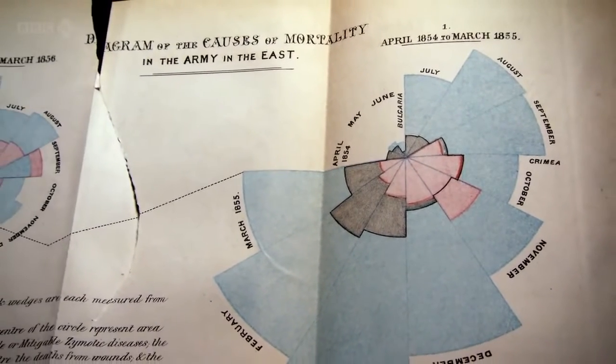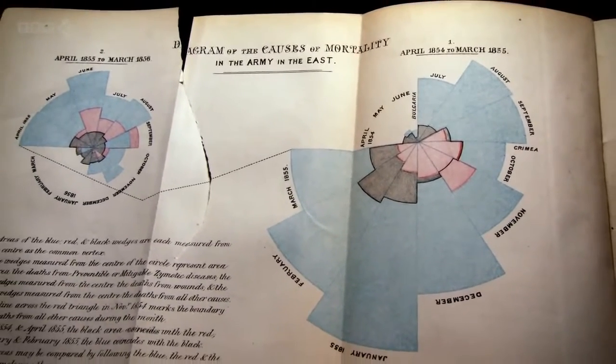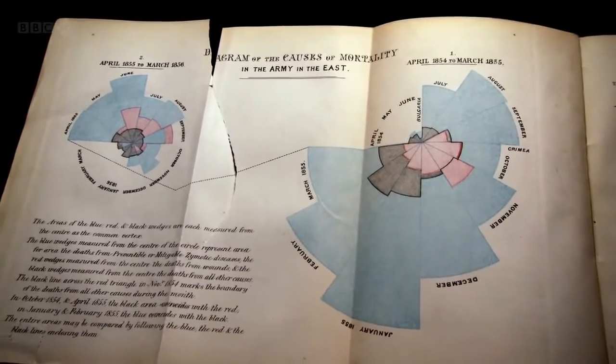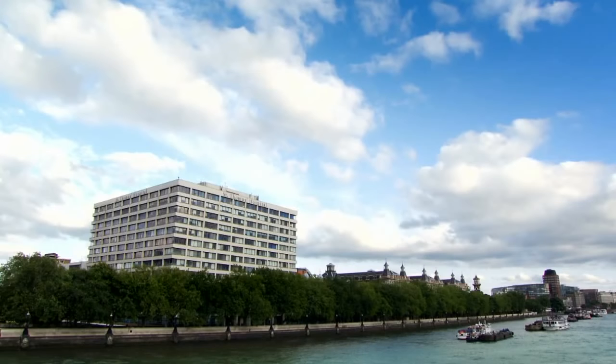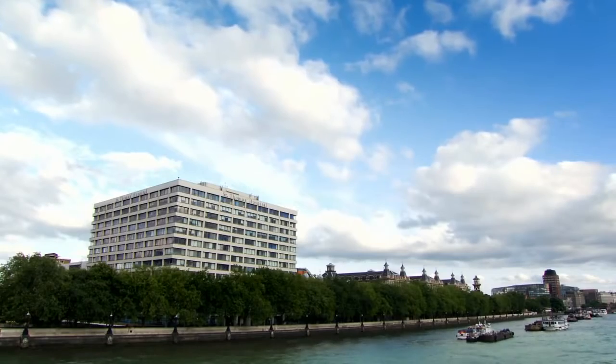So how did such a simple, pioneering diagram save millions of lives? This is St Thomas's Hospital in London.